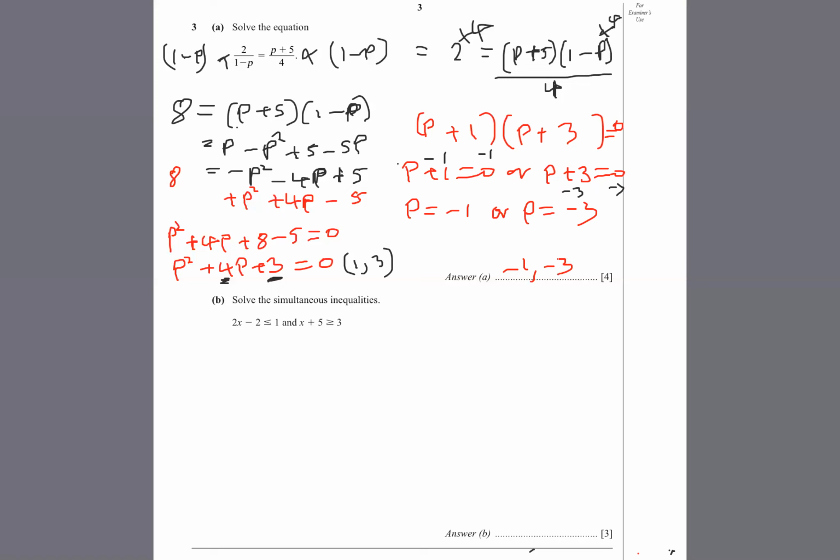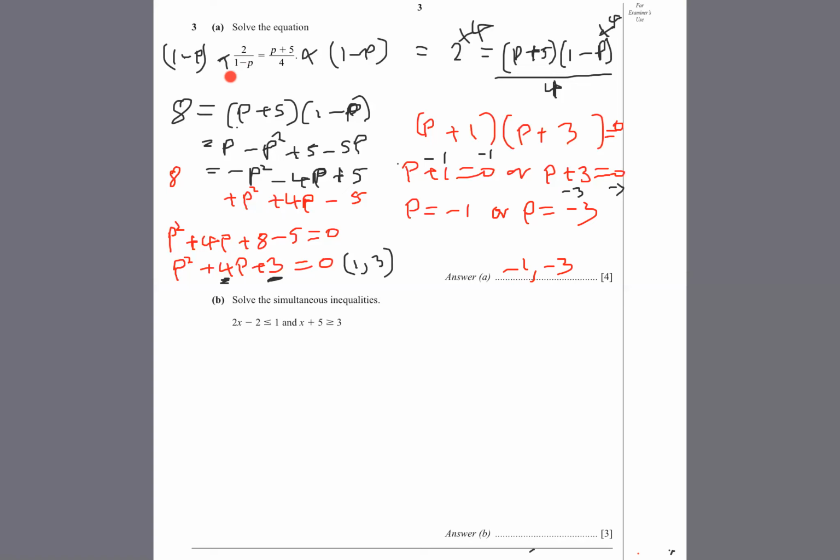So we can do a quick check to see whether our answers are correct or not. Let's take minus 1. Take minus 1 and substitute it here. So we have 1 minus minus 1, which is plus 1, plus 1, that gives us 2 in the denominator.